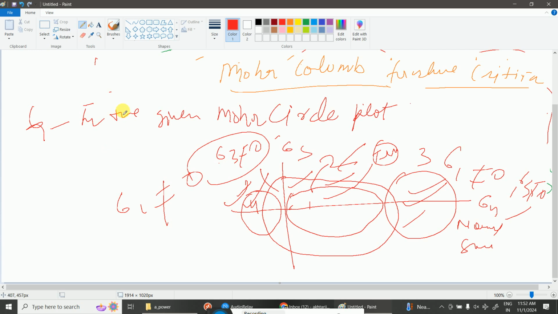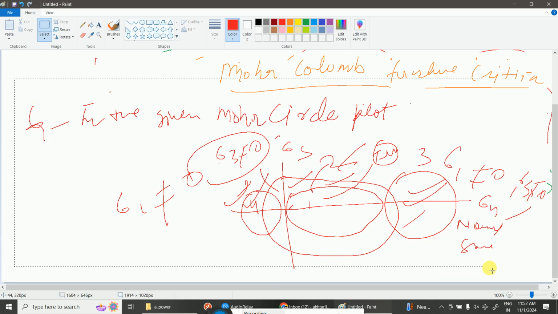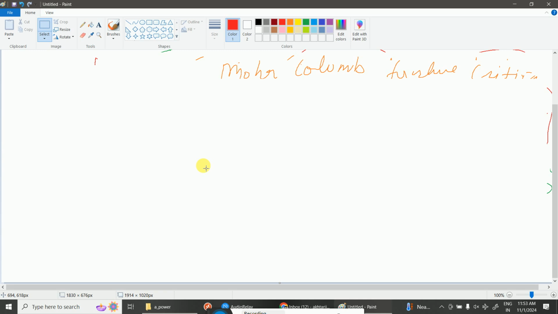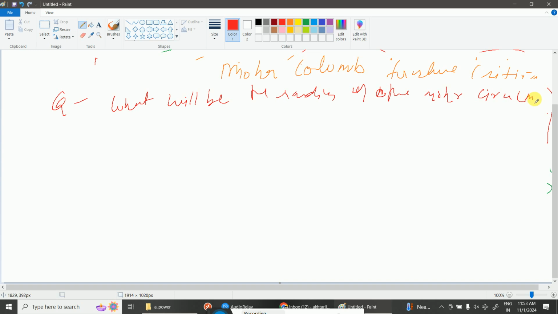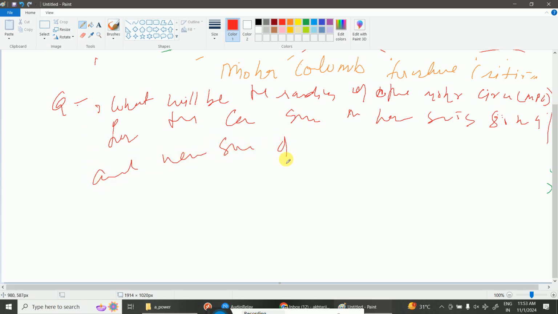Now the question is: what will be the radius of the Mohr circle in MPa for the condition shown in the figure, in which horizontal stress is 80 MPa and vertical stress is 100 MPa.